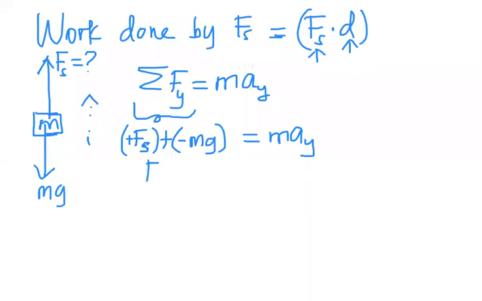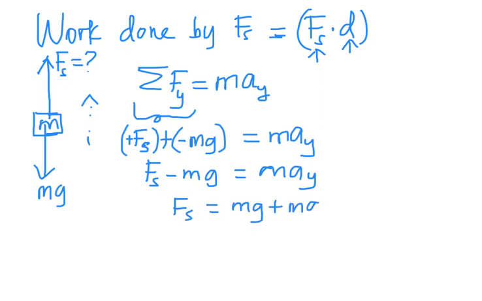This is Fs minus mg equals m times ay, and therefore support force will be mg plus m times ay, which you can also write as m times g plus ay.